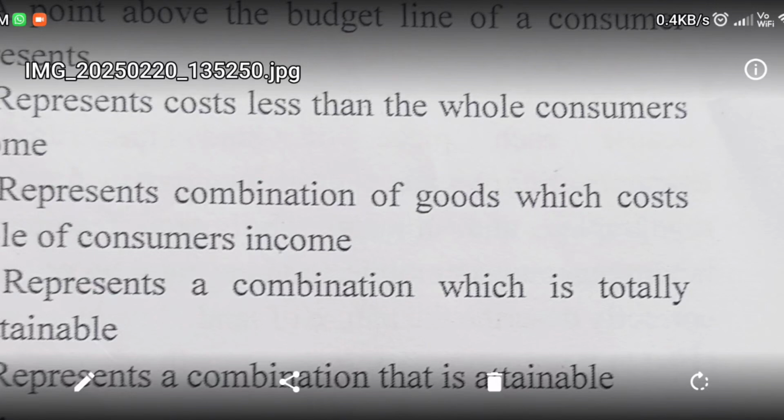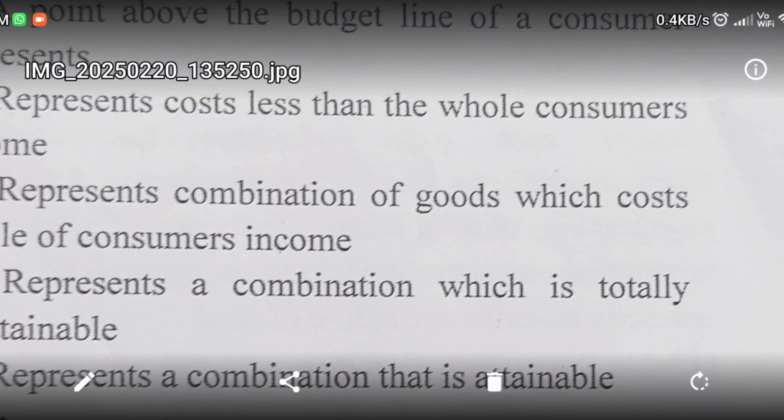Next, a point above the budget line represents a combination which is totally unattainable. C is the right answer. The budget line represents all possible combinations of two goods that a consumer can purchase given their income and the prices of the goods.